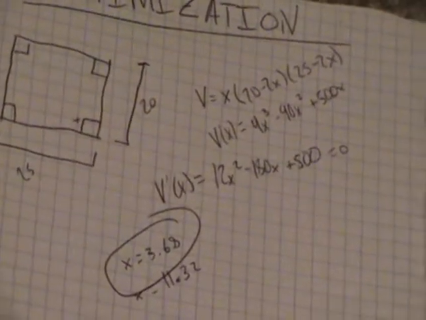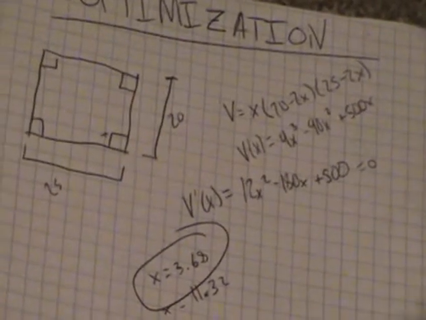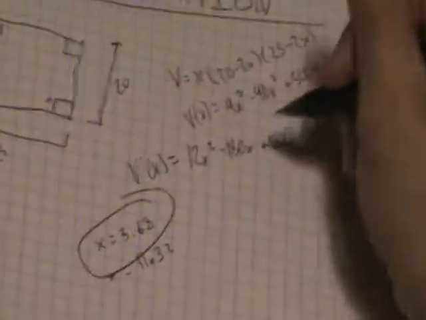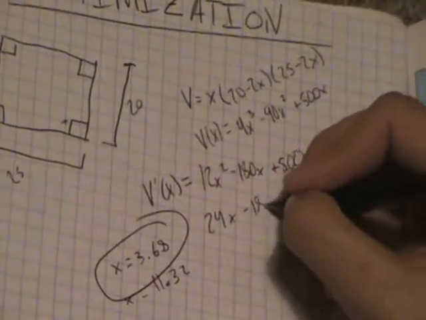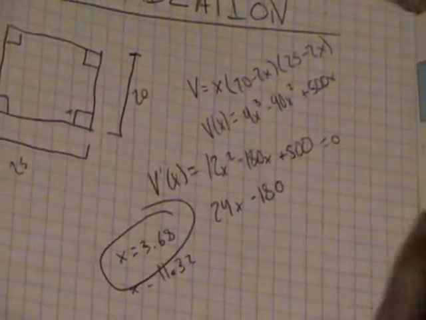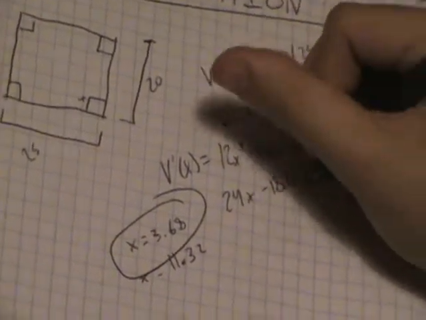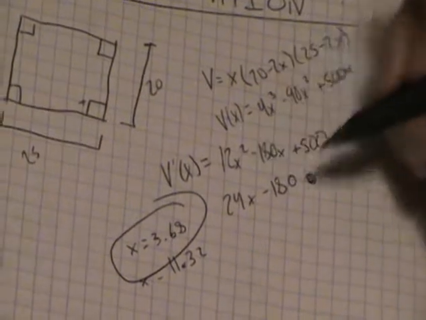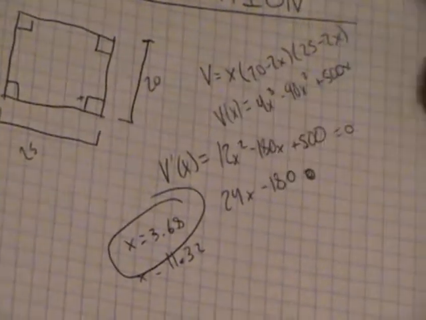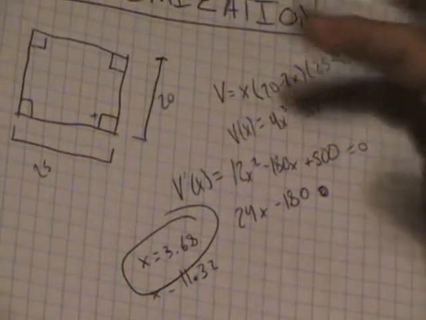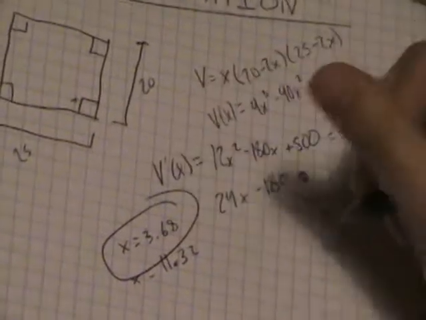Now, a lot of times an AP question will tell you that you need to prove that this is a maximum. So you take the second derivative for the concavity. So you get 24x minus 180, and that's all there is for that. You plug in 3.68. 24 times 3.68 is not going to go over 180, so you know you're going to have a negative number.